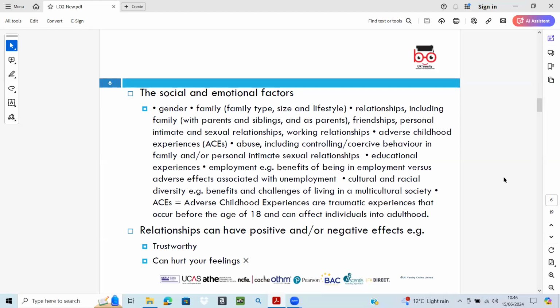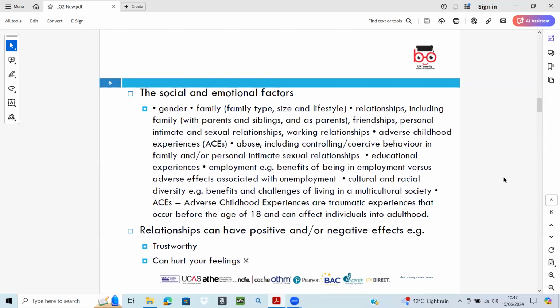We have relationships. A relationship has a wide range of interactions, from family ties to friendship and professional interaction. They can have a positive and negative impact on development. So in that we have types of relationships.